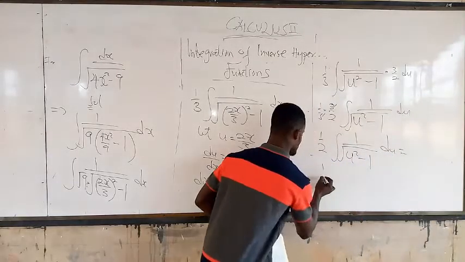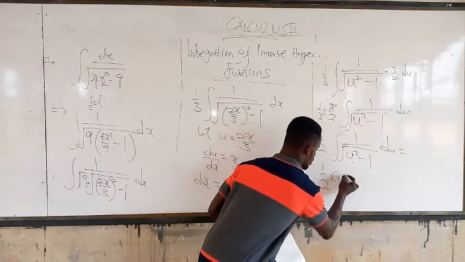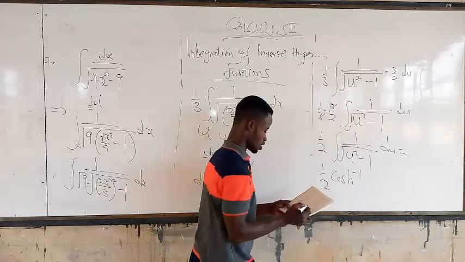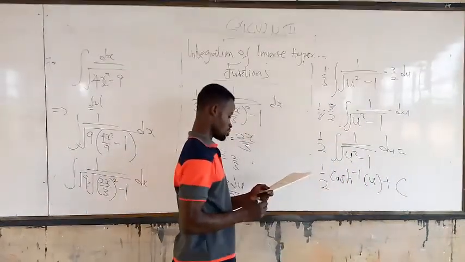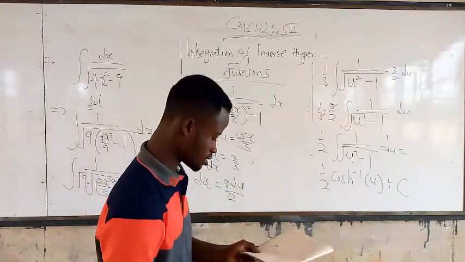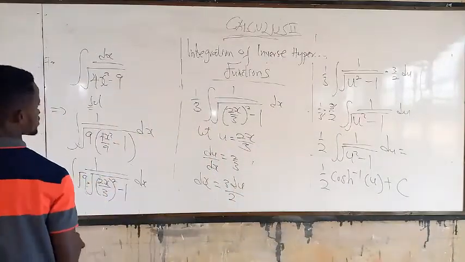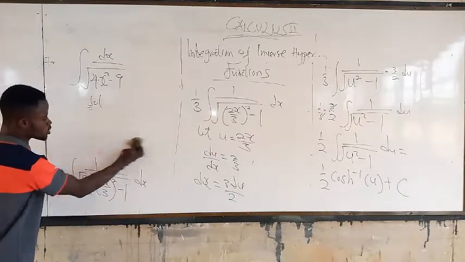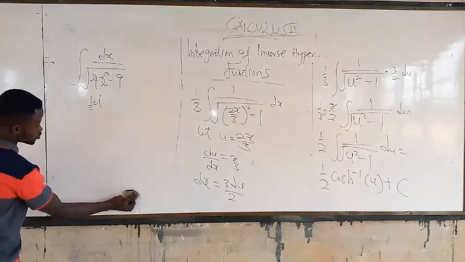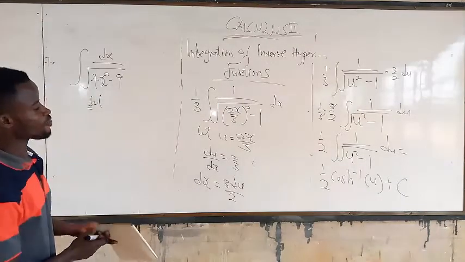Therefore, we get half cosh inverse of u plus c. We are not yet done. We are simplifying it to the least.